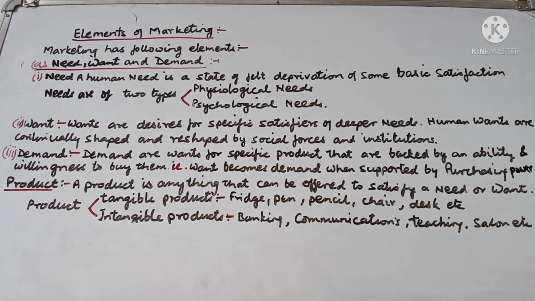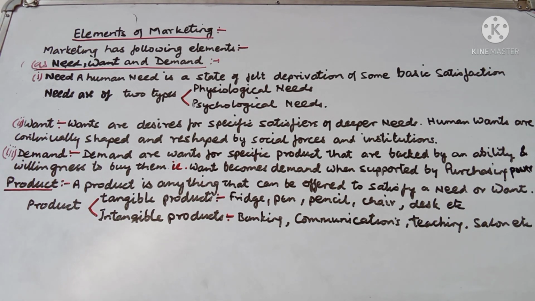Psychological needs are related to the thinking pattern, the brain function, where we get to know from the environment, from the system, about various things. For example, if I look at a particular product, only then does my need generate, because I have seen that product and now I think I should buy it. So this is what psychological needs mean to us, and physiological needs are biological needs.